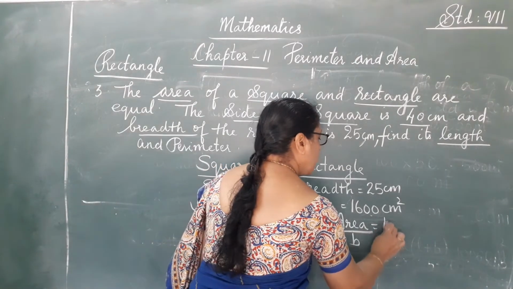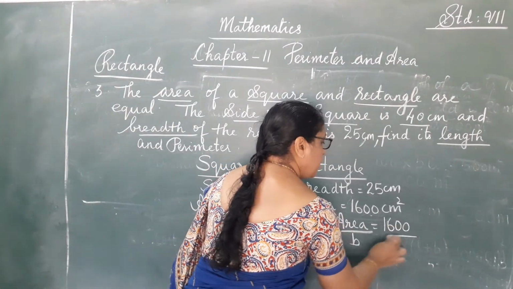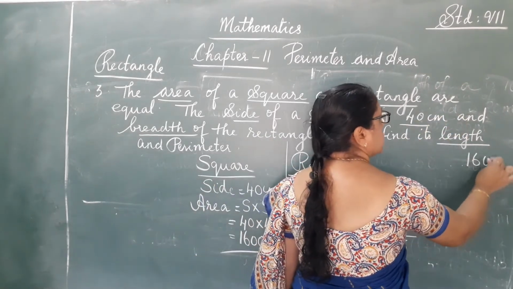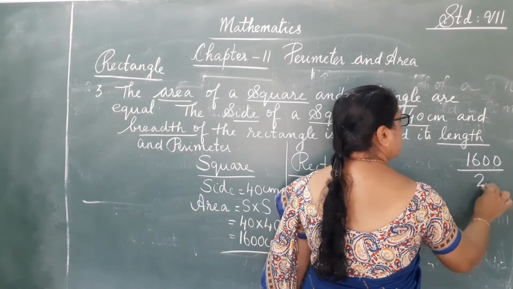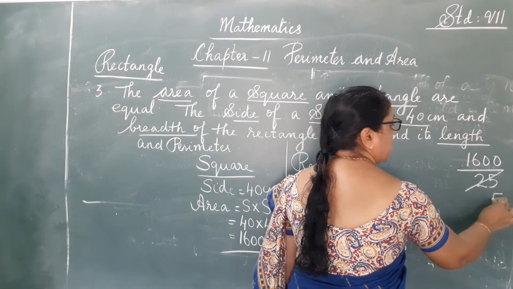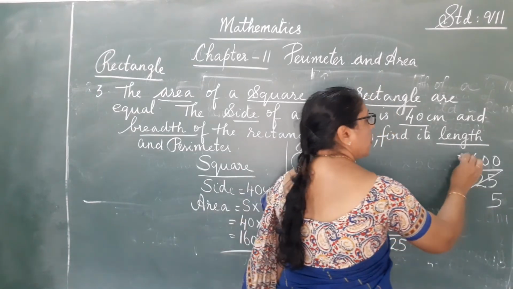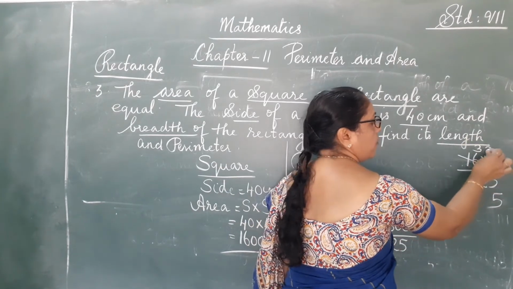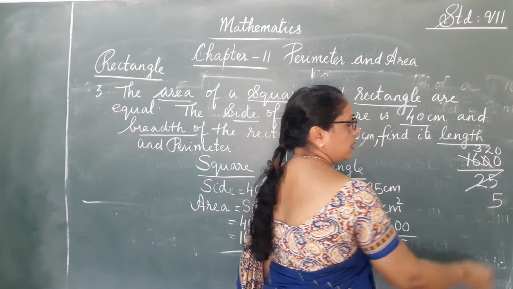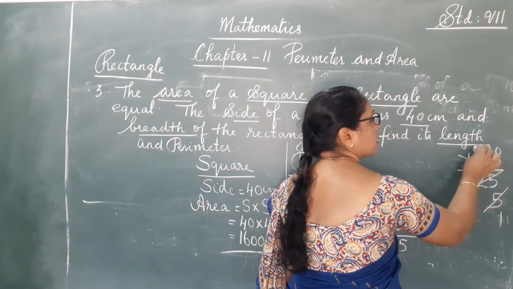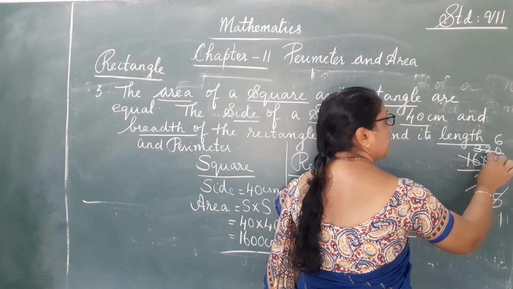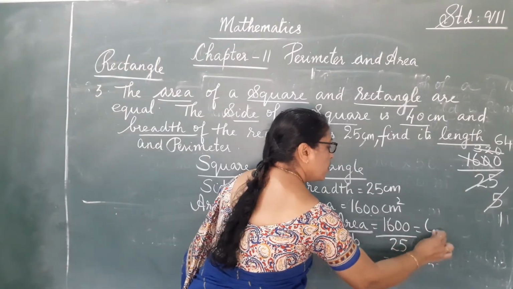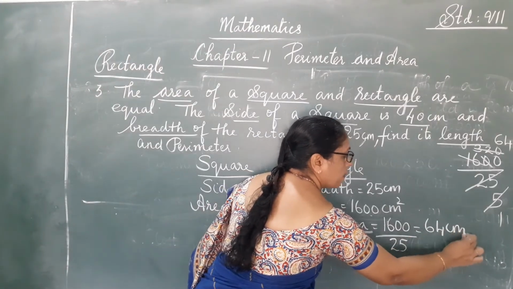So 1600 divided by 25. Let's do it here. 1600 divided by 25. 5 3s are 15, 1 remainder, 10, 5 2s are 10. Again 5 1s are 5, 5 6s are 30, 25 4s are 64. So 64 centimeter.